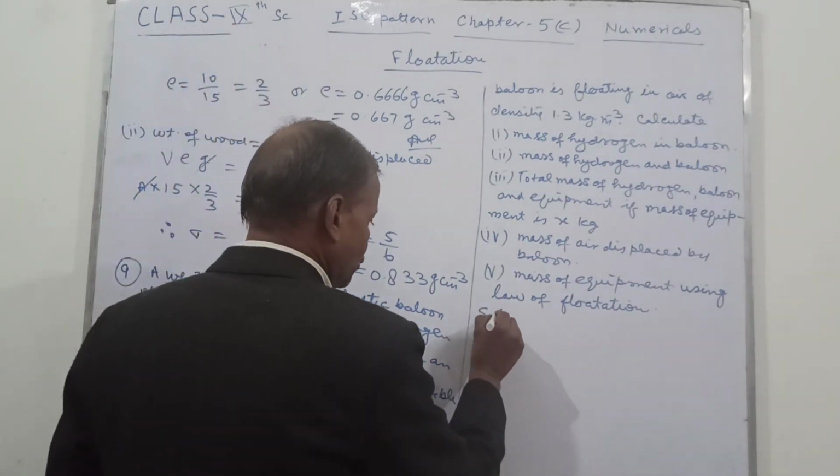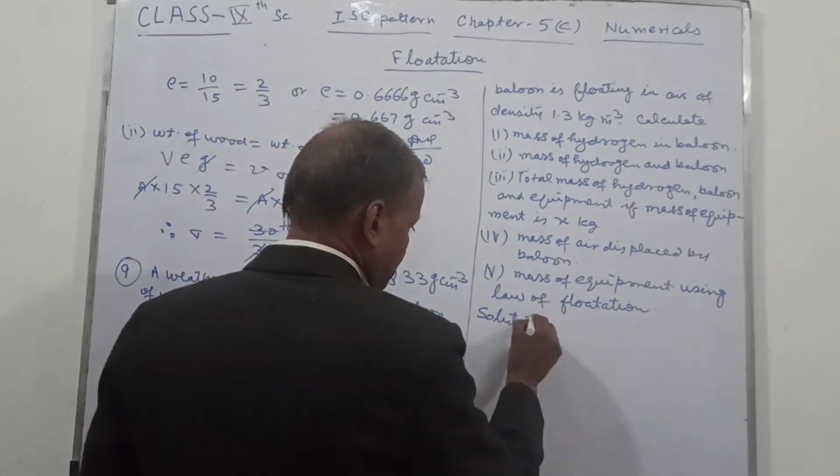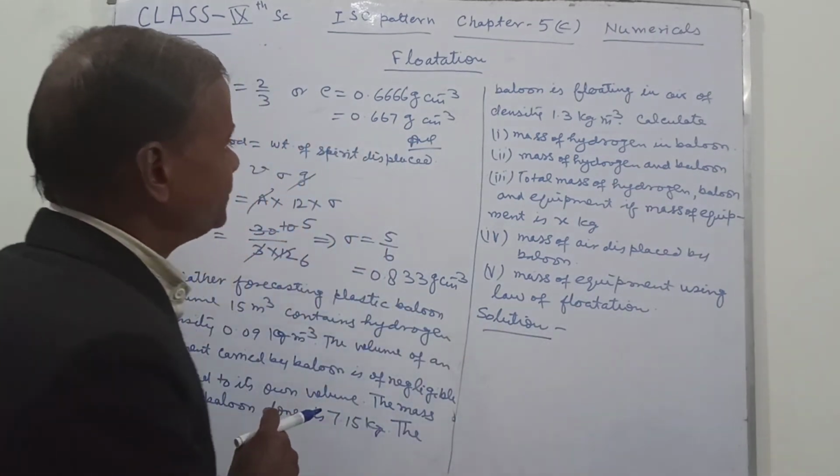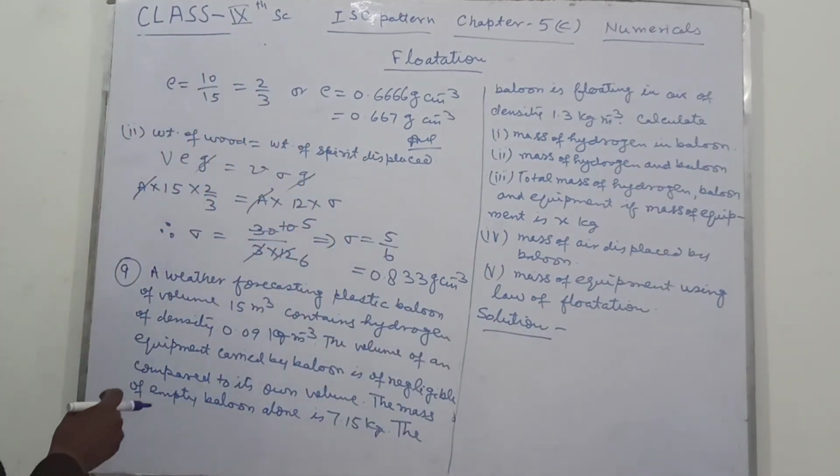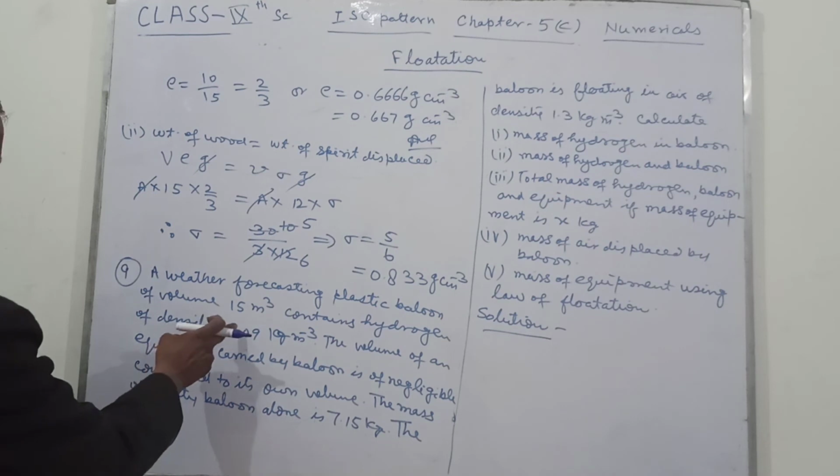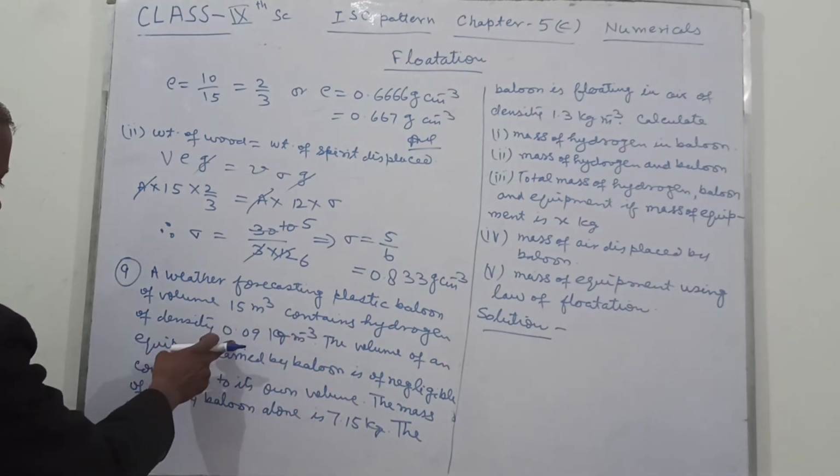Now then solution to this one. The question is large one. First the mass of the hydrogen. The volume of the hydrogen is given, and the density is given.